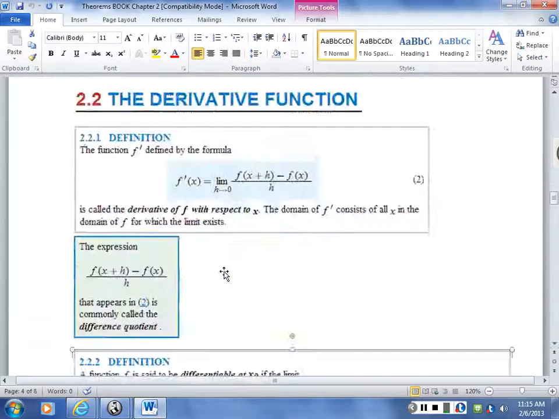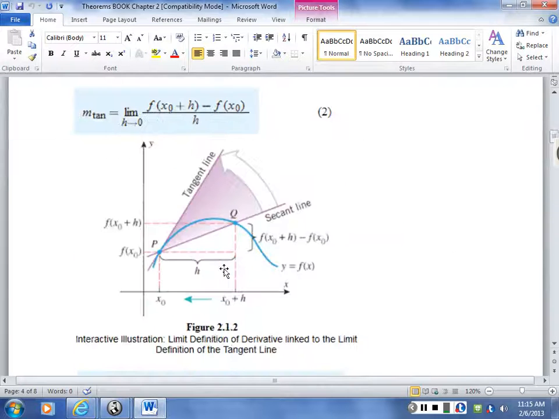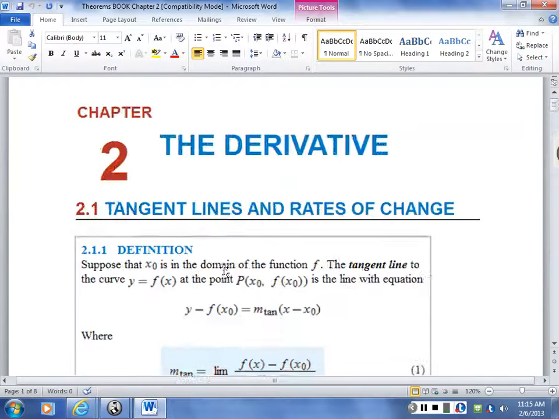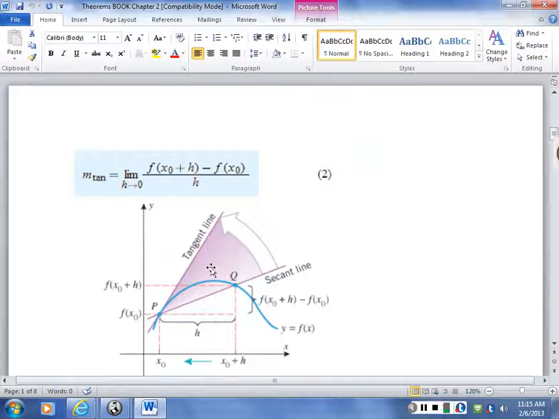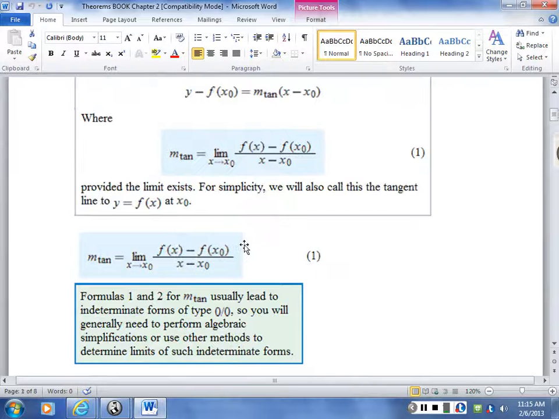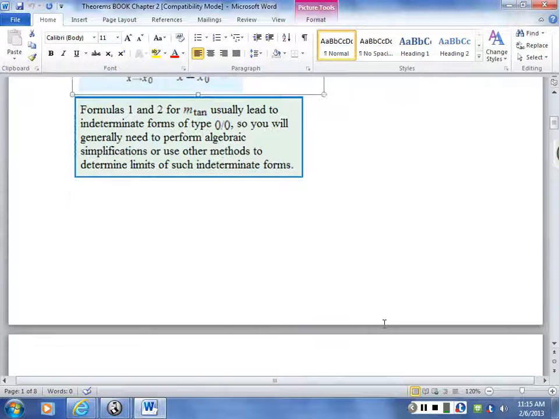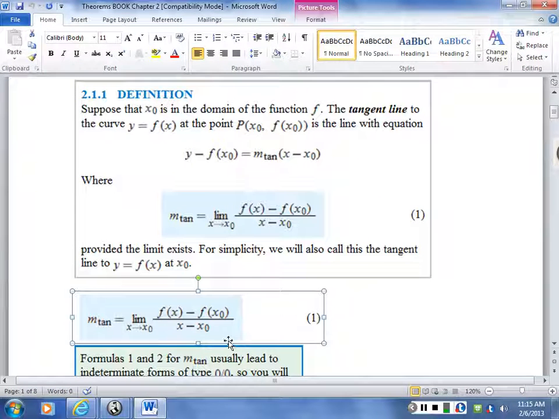In 2.1, we had the representation as x approaches x naught, and in the denominator we have x minus x naught. As x approaches x naught, this goes to 0. So we said, okay, let's call that h. We'll let h equal x minus x naught, and take the limit as h goes to 0.